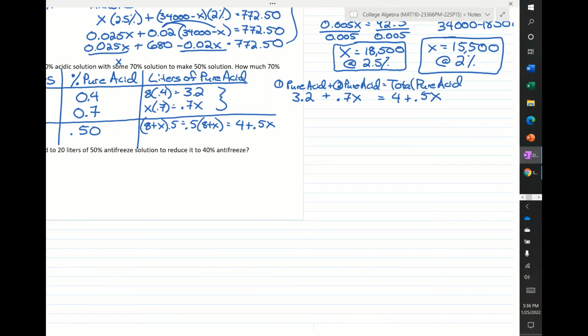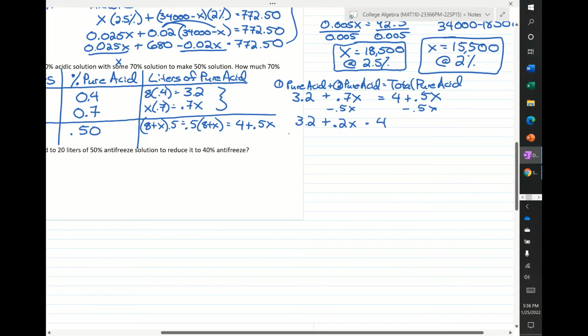If we go ahead and get our variables on the same side, I'll subtract 0.5X on both sides. We get 0.2x, 3.2 still there. I'm going to subtract the 3.2. We get 0.2x is equal to 0.8.